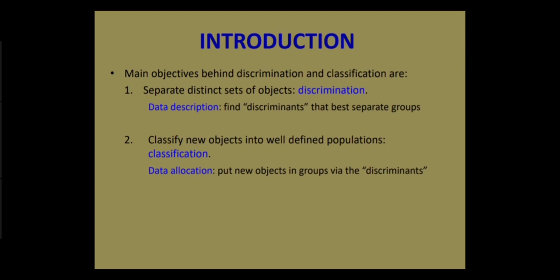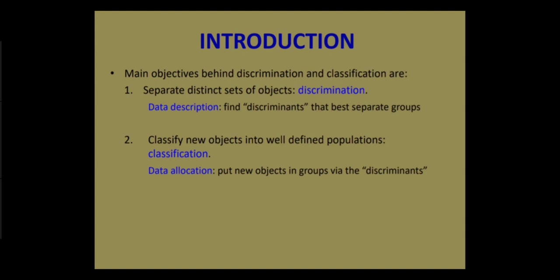The second goal is to classify new objects into well-defined populations. It is known as classification, also called data allocation, where we put the new object in groups via the discriminants.